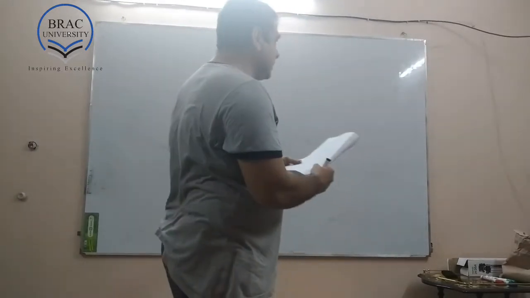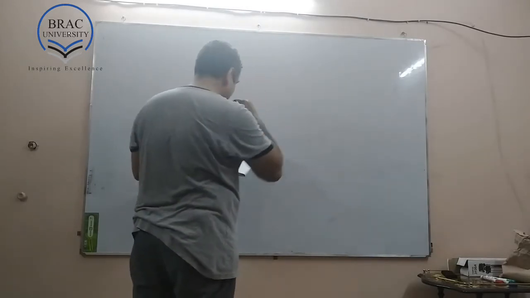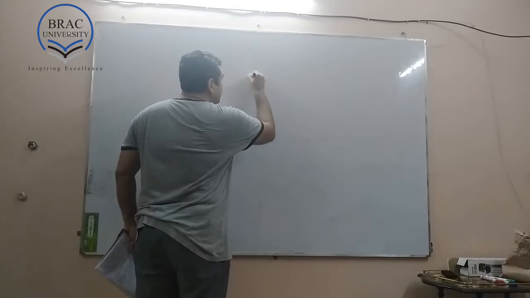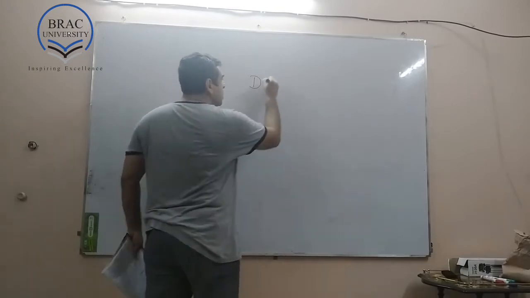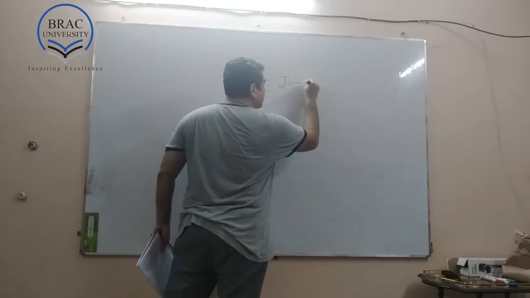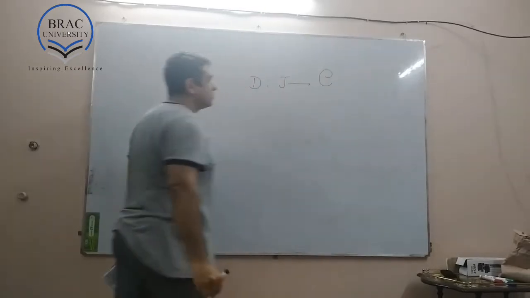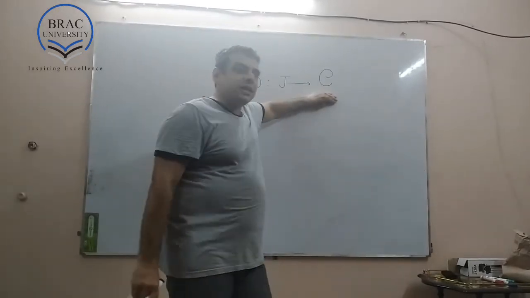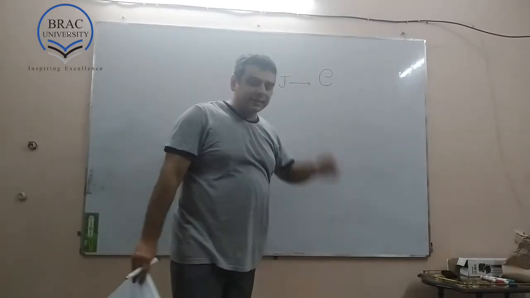A diagram in the abstract setup is a functor. We denote this functor by D, from an index category to a given category C. So we have a given category C and we have some category called the index category.